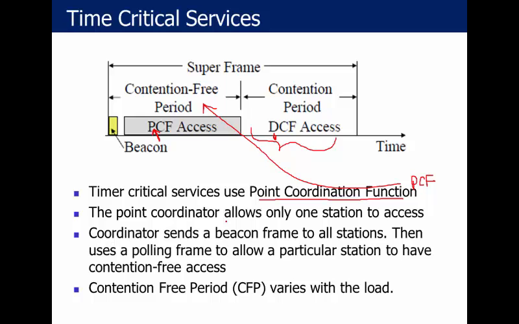The point coordinator allows only one station to access, so there is no contention. The coordinator sends a beacon frame to all stations, then uses a polling frame to allow a particular station to have contention-free access, right? So this slide is talking about time-critical services, which is the PCF access.